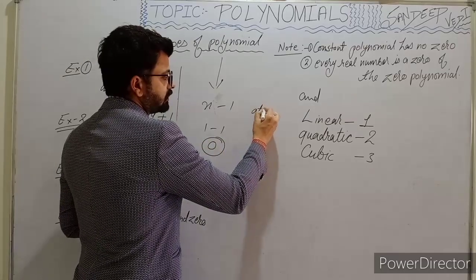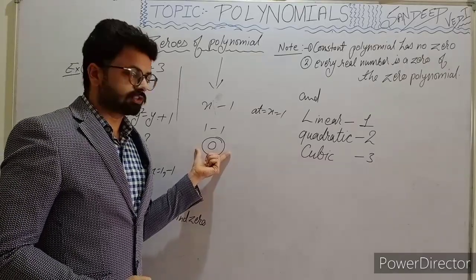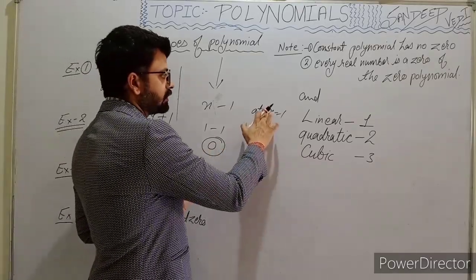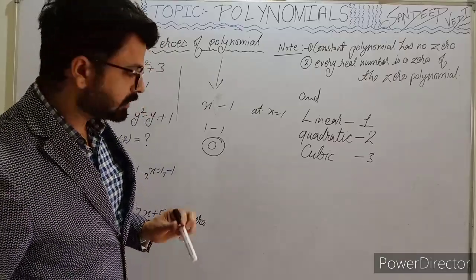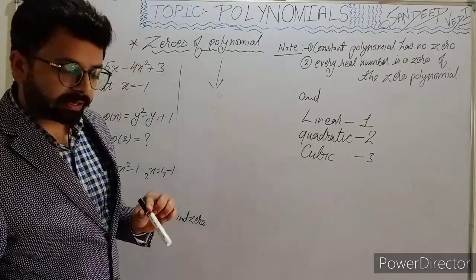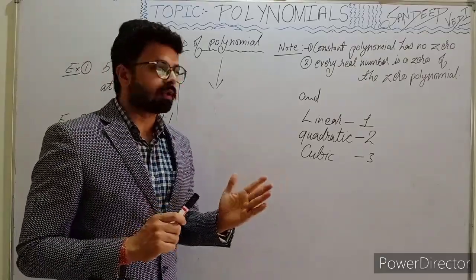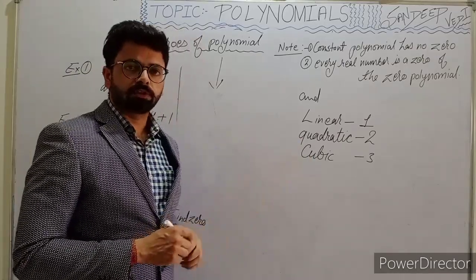So at x equal to 1, it gives 0. So zeros of a polynomial means the value of the variable at which the polynomial becomes 0.